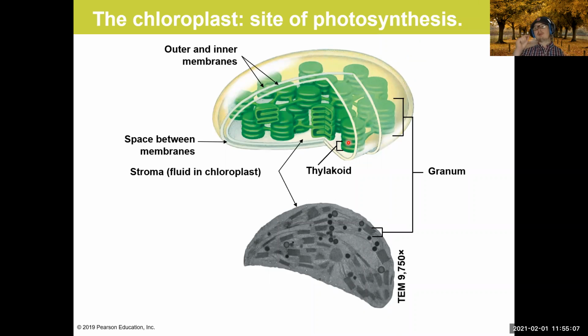And each of the pancakes in that stack is a thylakoid. Okay, so the chloroplast has the double membrane. Inside the inner membrane, you have the stroma. And in the stroma, you have granum, which are made up of individual thylakoids.